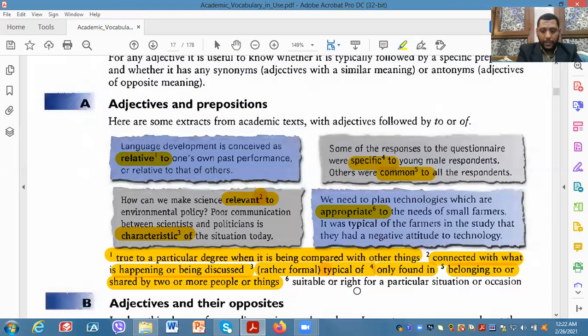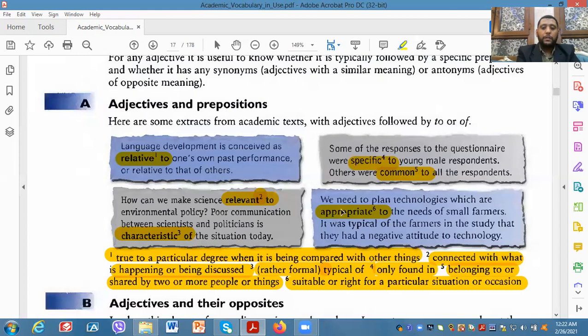So what does it mean, appropriate? Suitable or right for a particular situation or occasion. Appropriate to. So an example for this, the opposite of appropriate is inappropriate.